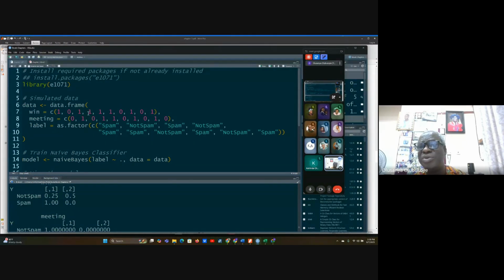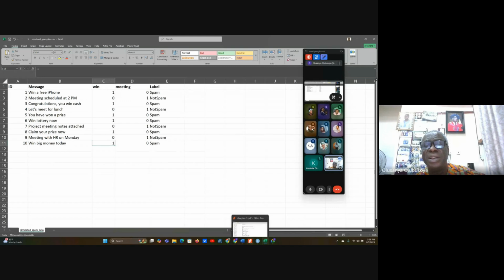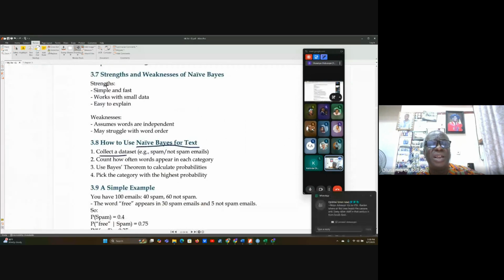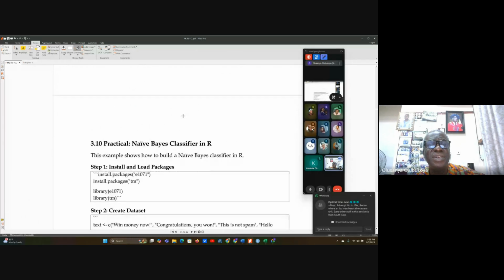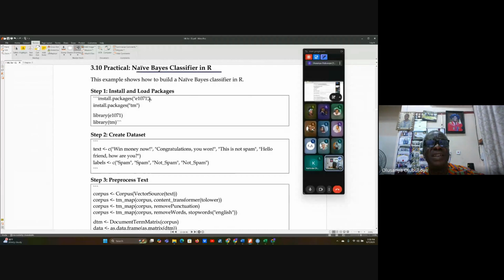Even these days, you could use AI to help you write code. Once you know what you want to do, you could use AI to guide you on the code you need to run the Bayes classifier. And in the lecture notes, I gave you the practical code to run, step by step.